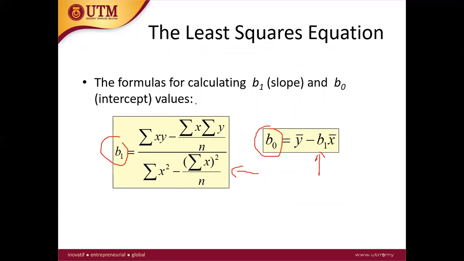So first we go to B1. We go to the slope value, then the value of B1 will be transferred into the equation for B0.